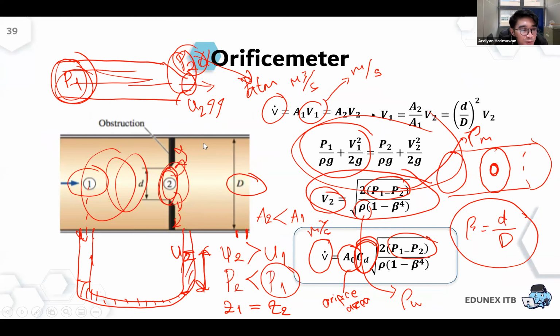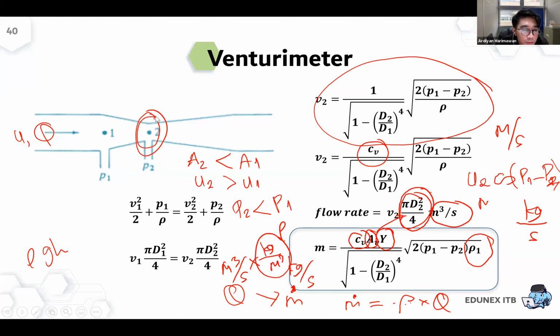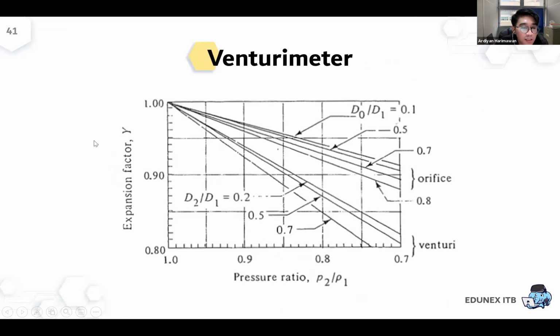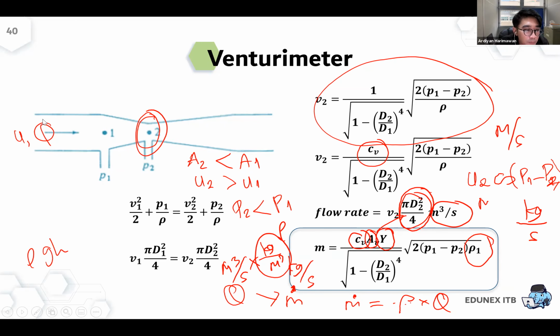If you want to use the orifice, then you have to install the orifice inside the pipe. But if you want to install the venturi, you just connect the pipe at one end and the other pipe at the other end. So it depends on the real application. Dua-duanya dipakai.